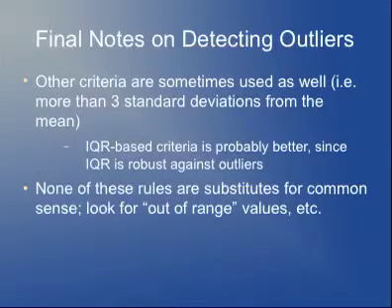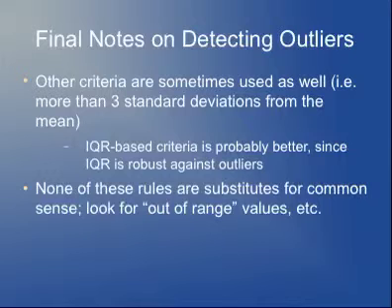There are other criteria that are sometimes used for detecting outliers. Sometimes people will do 3 standard deviations from the mean or something like that. In general, the IQR-based criteria is more commonly used and probably better, in my opinion, just because medians and interquartile ranges are robust against outliers, whereas means and standard deviations are not.